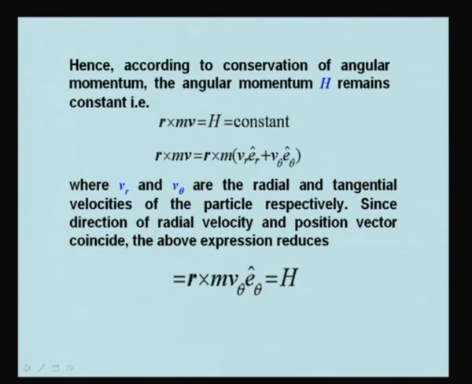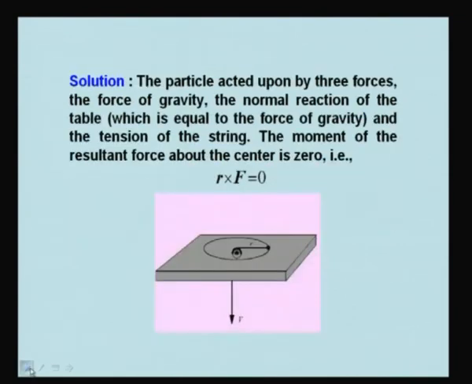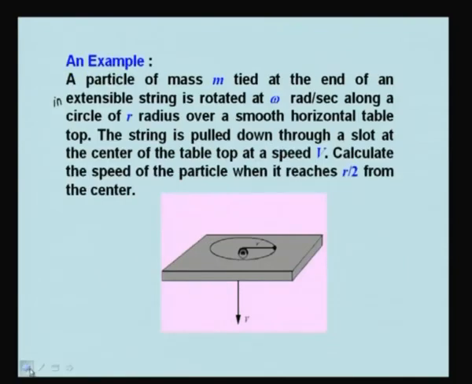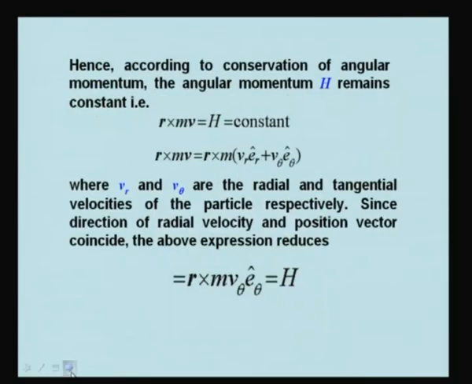r cross mv can be written as r cross m (Vr Er plus V theta E theta), because the string is rotating, it has Vr, and also it is being pulled, so it has two components, that is Vr and V theta.